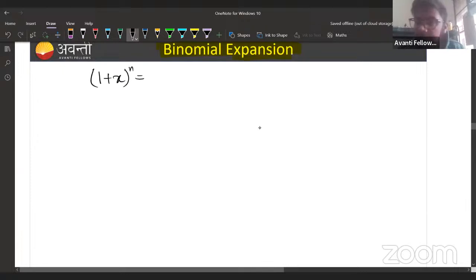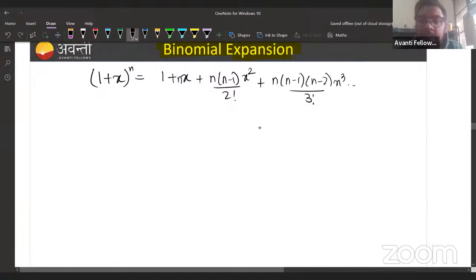This was a special case of binomial expansion, right? What was it? 1 plus nx plus n into n minus 1, x square by 2 factorial plus n into n minus 1 into n minus 2, x cube by 3 factorial, and so on.